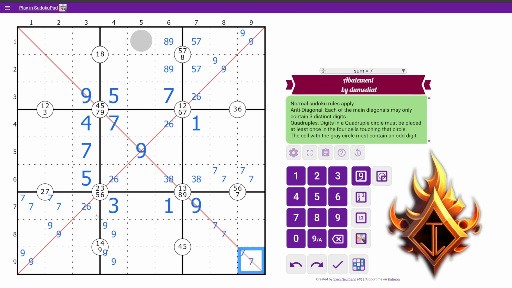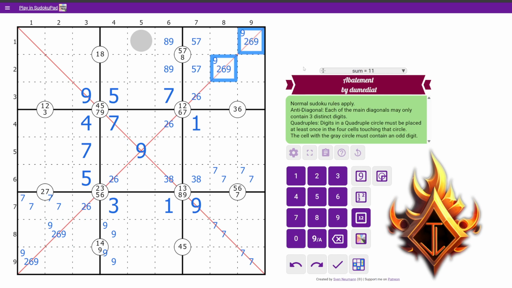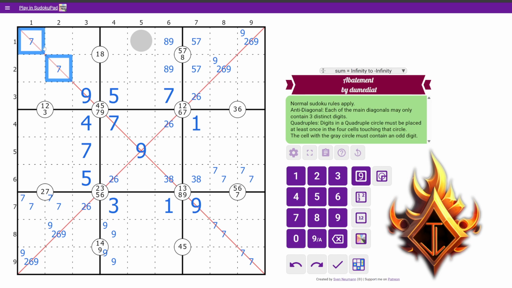So the digits in this are 2, 6, 9 and the negative diagonal is going to be a 9-7 with either a 3 or an 8.